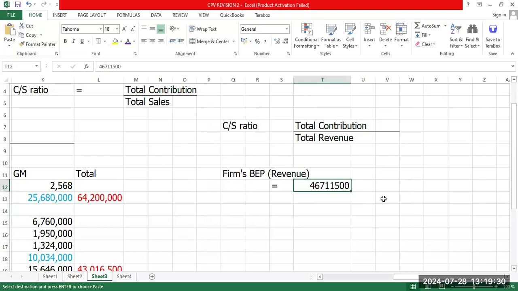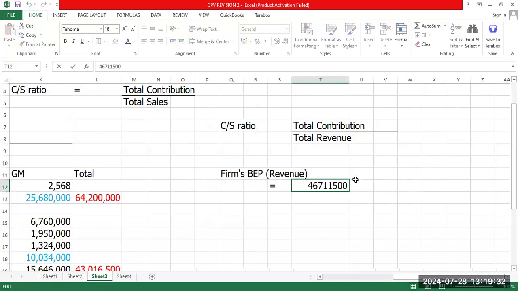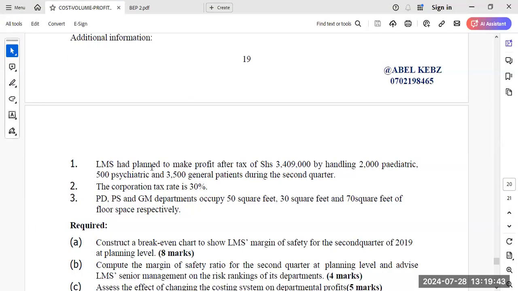Then I add my profit after tax. What is profit after tax in this question? They planned to make a profit after tax of this. So that is my profit after tax.